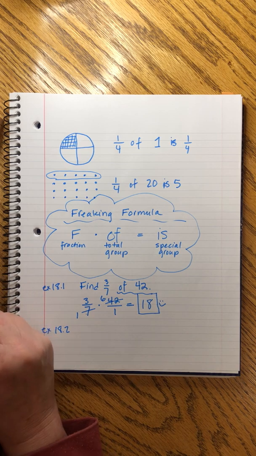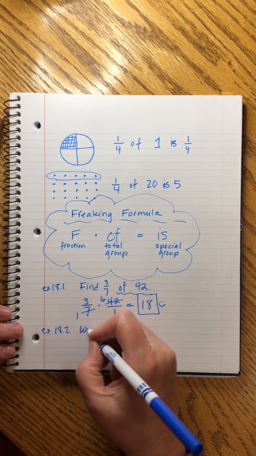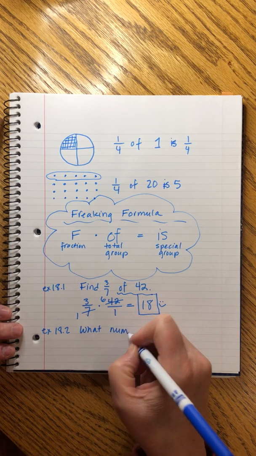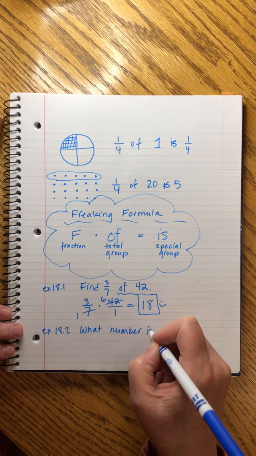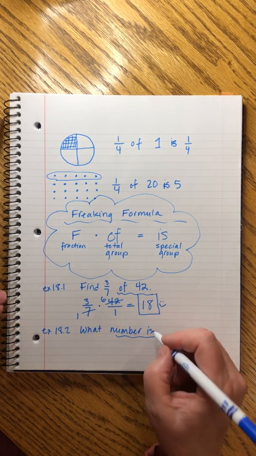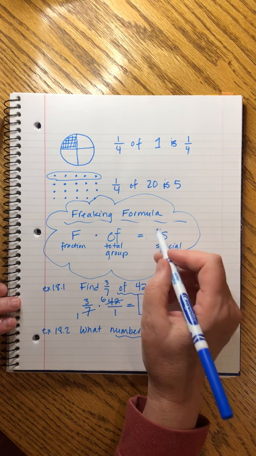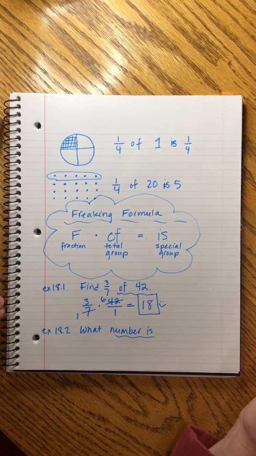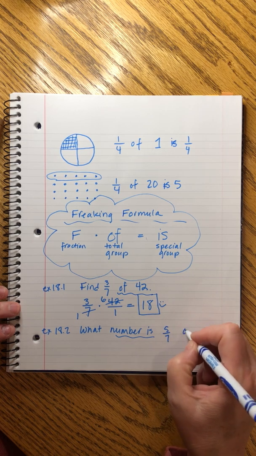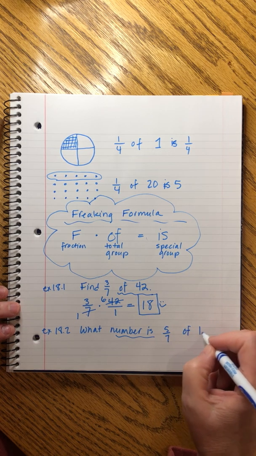What number is 5/7 of 12? That's another way of asking the very same question. What number is, see, there's the hint that we don't know what it is, but we're trying to find the is number. 5/7 of 12.